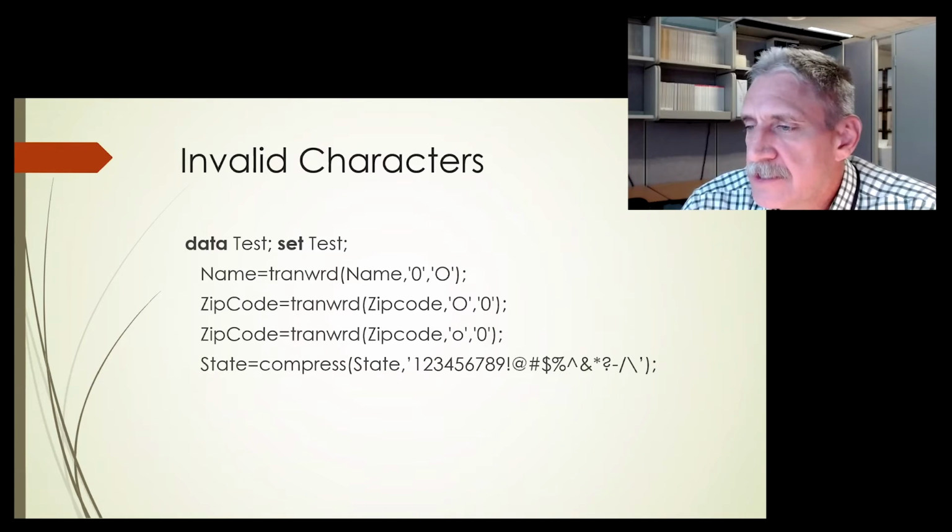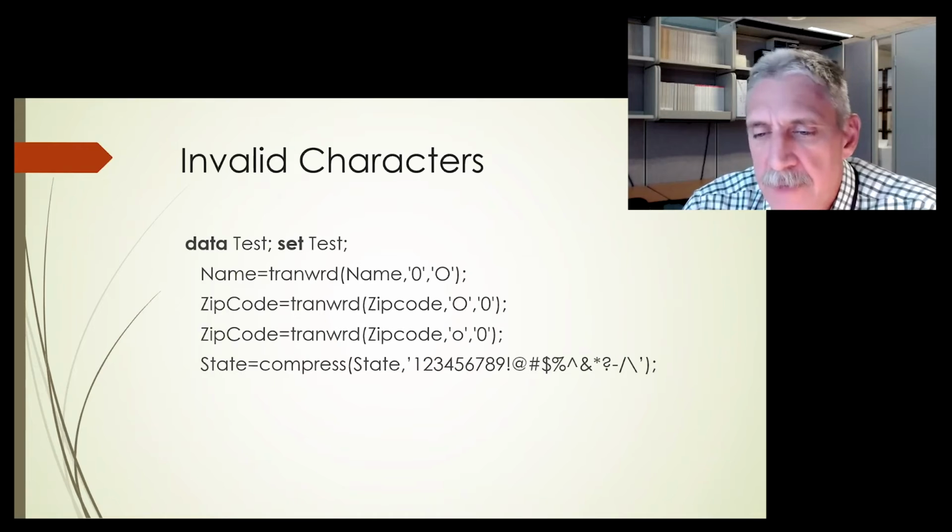Invalid characters, you're going to see this a lot. Most of the time, the biggest one I find is 0 and O being incorrectly used. So in a name, you want the O. In zip codes, you want the 0. You just need to replace them.